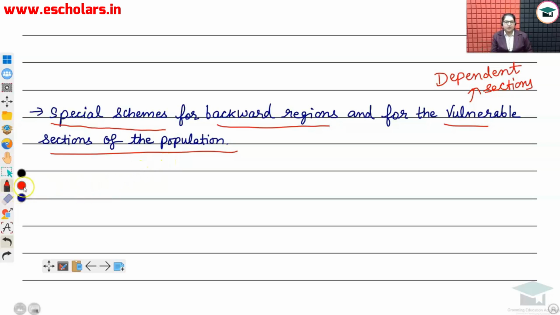Also, the government is providing tax rebates to industrialists who want to set up industries in the backward regions, and it provides licenses easily and quickly to them. Through this the government is supporting the vulnerable sections of the population who belong to the backward regions.